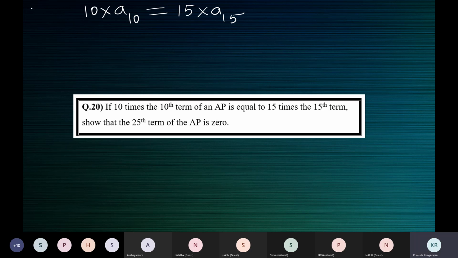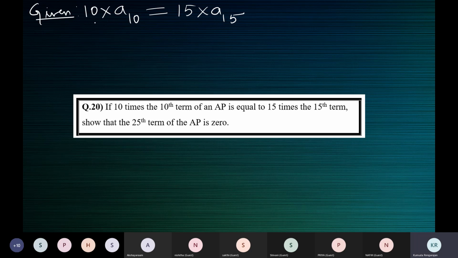This is given to us: 10 into the 10th term, A10, is equal to 15 into the 15th term, A15.